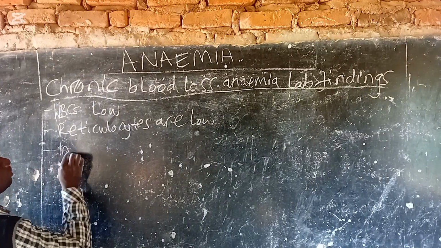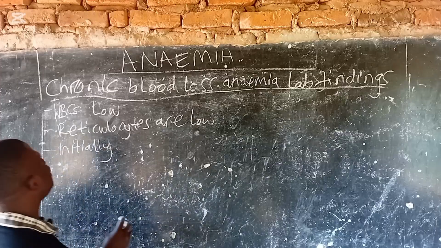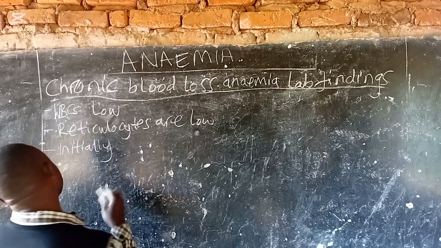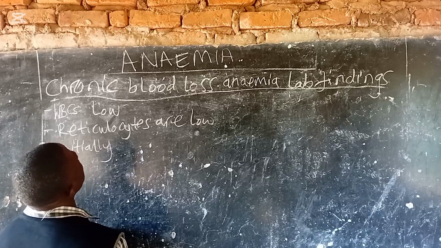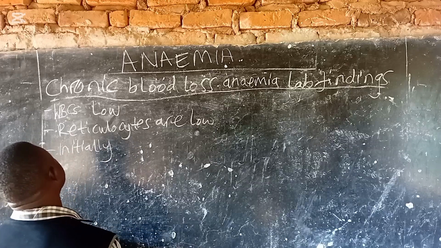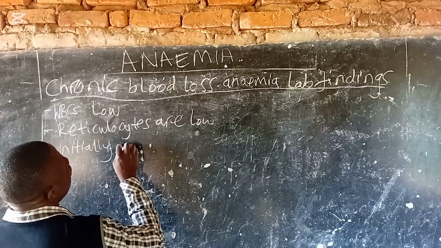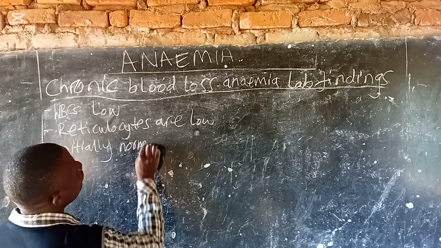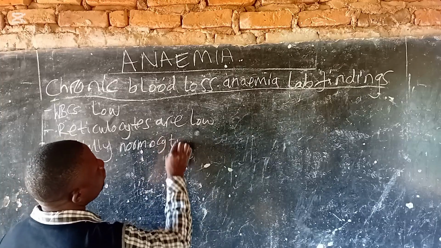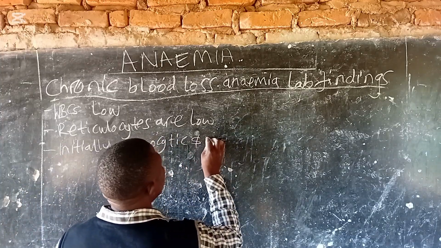Then when you look at the smear stained with Romanowsky stains, you find that initially, at the start of the bleeding, it was normocytic and normochromic.